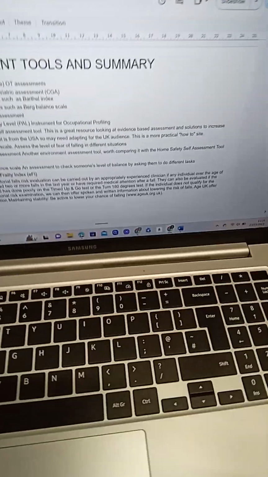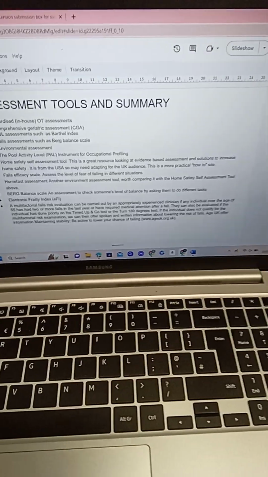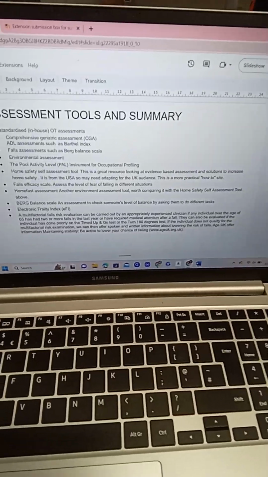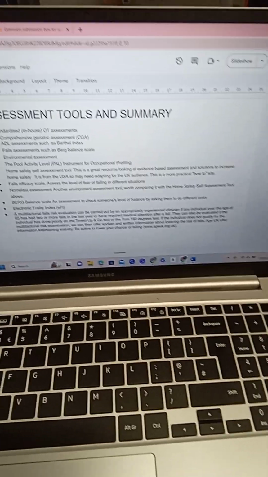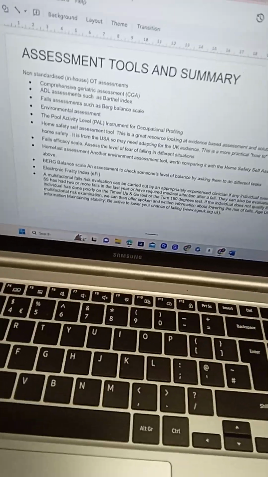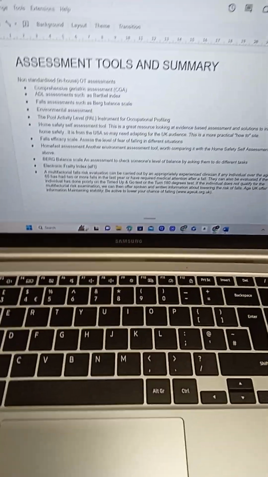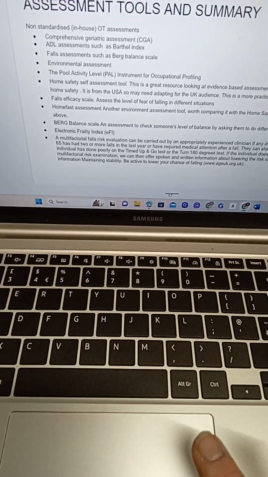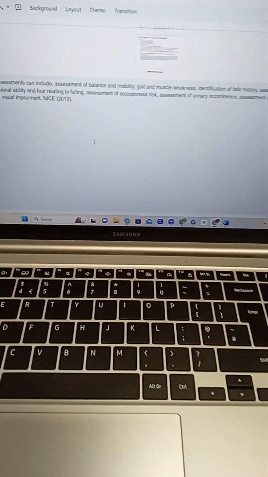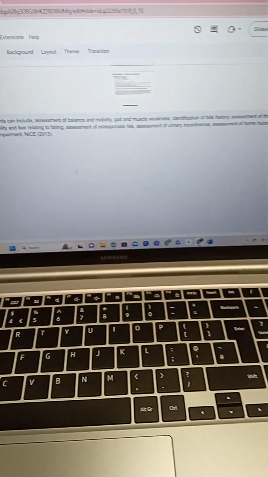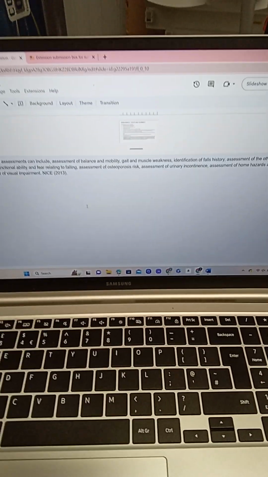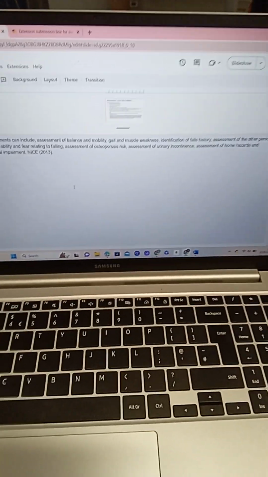The daily activity assessment tools, fall assessment, so Berg balance scale, the activity level for occupational profiling, home safety self-assessment tools, falls efficacy scale, which assesses the levels of fear of falling, the electronic frailty index as well, and also a lot of the multifactorial assessments can include assessments of balance and mobility, gait and muscle weakness, falls history, their fear of falling, osteoporosis risk, urinary incontinence, and home hazards.